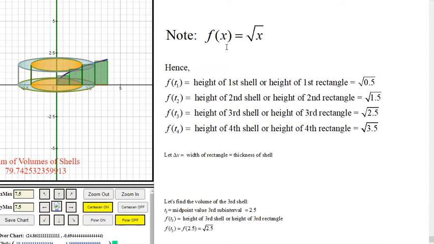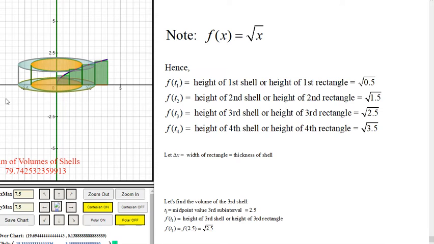The function is f of x equal to the square root of x. So the height of shell number 3 would be f of 2.5, which is the square root of 2.5.